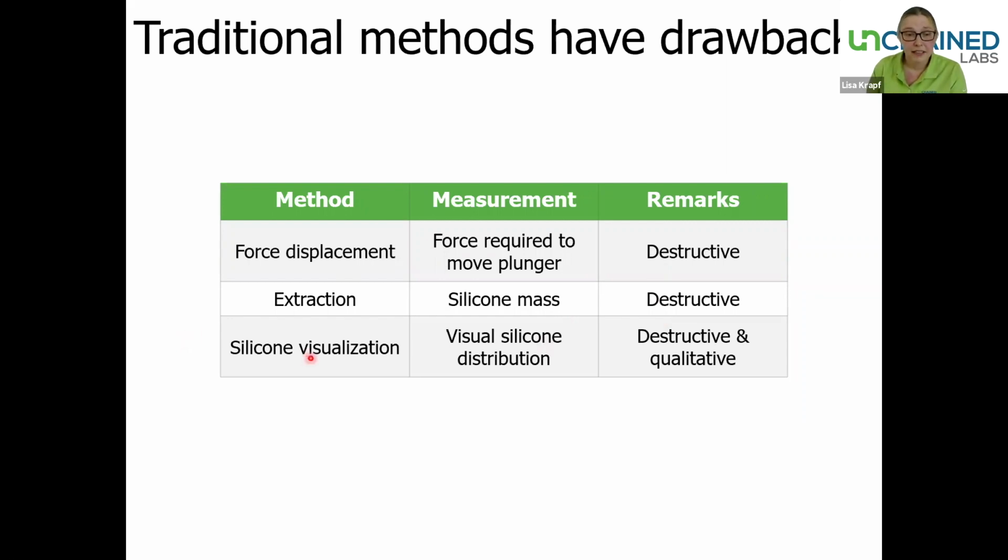To visualize silicone distribution in a syringe, there are also techniques to put some fine powder in the syringe, and this powder will only stick to the surface where there is silicone. So we will see areas where we have silicone with a different contrast than the areas in the syringe where there is no silicone. But this is also a destructive method, and it's just qualitative. So we won't know how much silicone there is, but just see if we have silicone on a position or not.